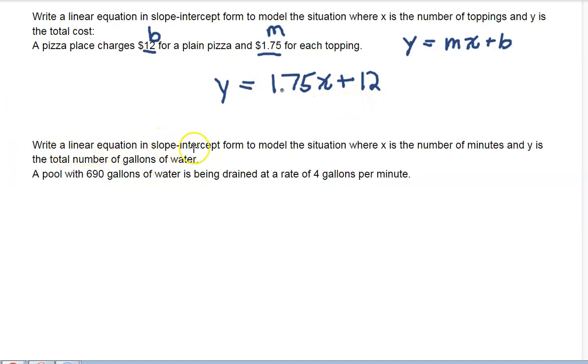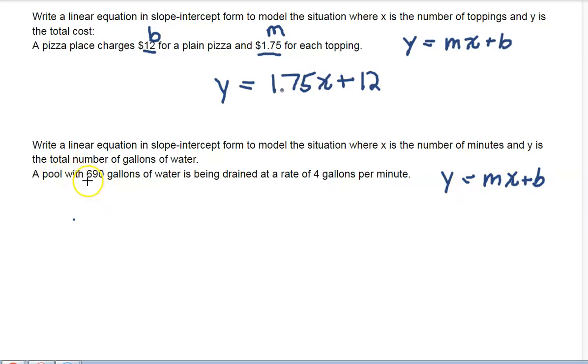Write a linear equation in slope-intercept form to model a situation where x is the number of minutes and y is the total number of gallons of water in a pool. A pool with 690 gallons of water is being drained at a rate of 4 gallons per minute. Okay, well, here we go. y equals mx plus b.